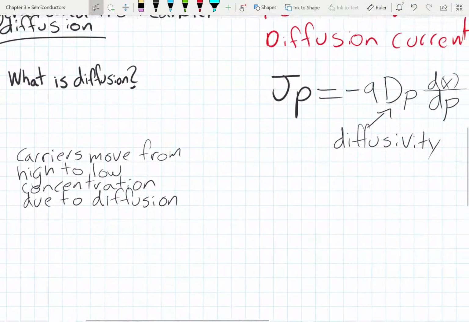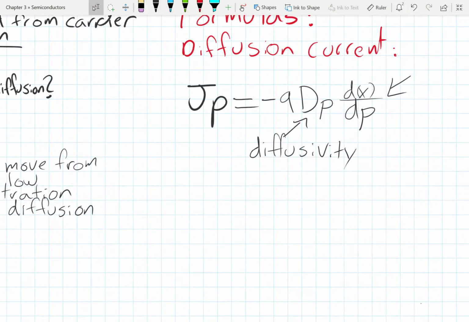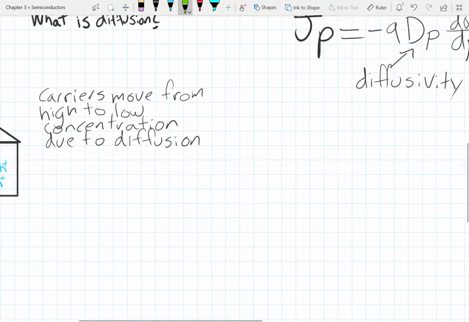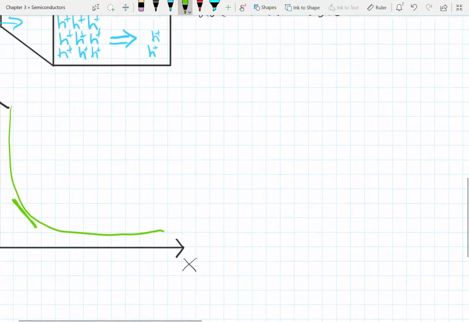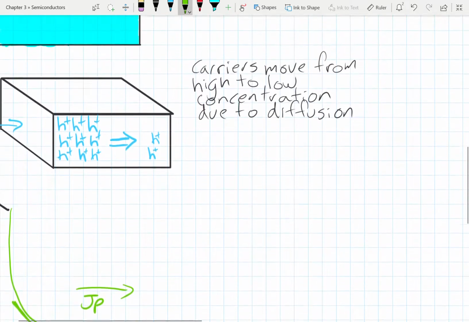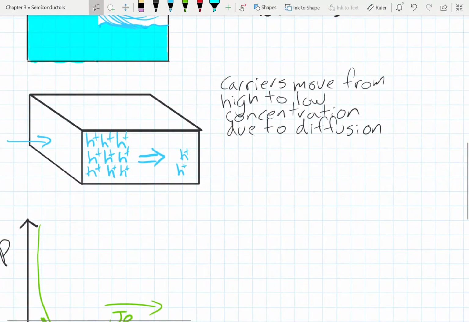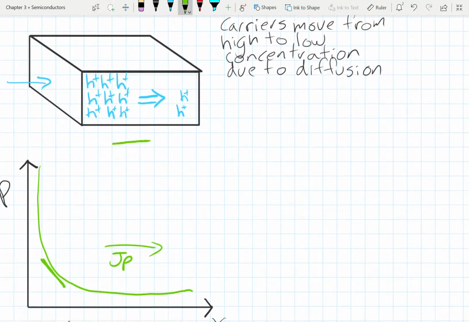So if you have this value right here be negative, your overall current will be in the positive X direction. So that's your hole current, JP. And that can also be taken from this image. If you have holes moving from left to right, you will know that the current goes in that direction.